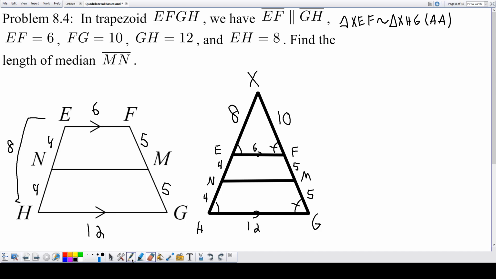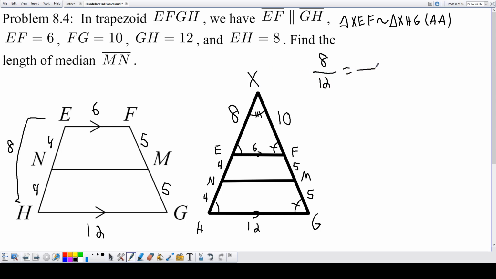Well, now that we have established what those lengths are, maybe I could show that XEF and XNM are similar. Well, they both share an angle at X. And let's see if the sides are proportionate. And in that case, we would have side angle side. So, XE is 8. And XN is 12.